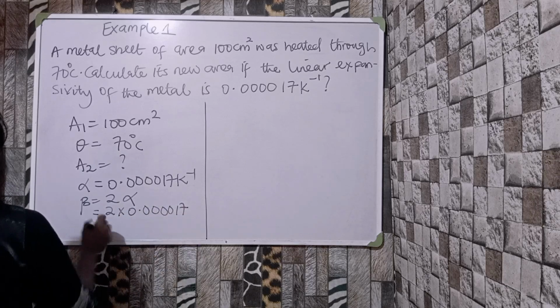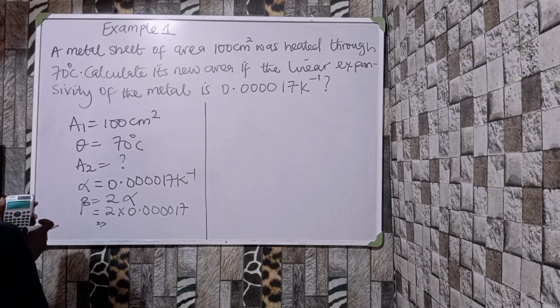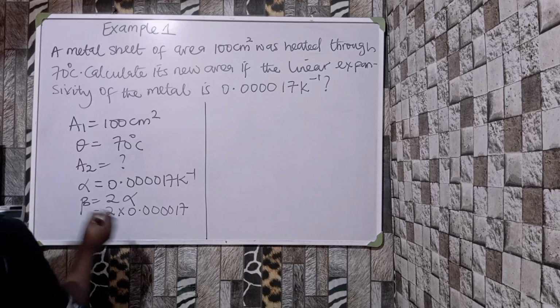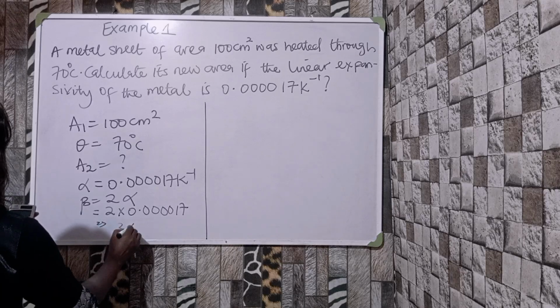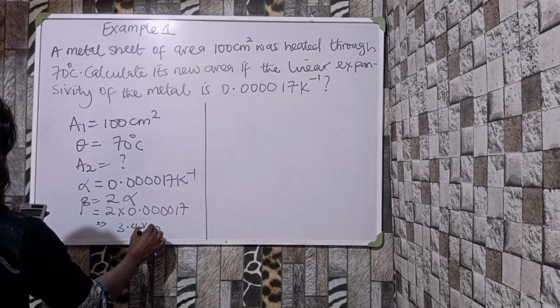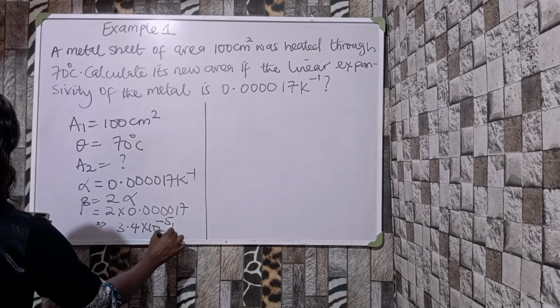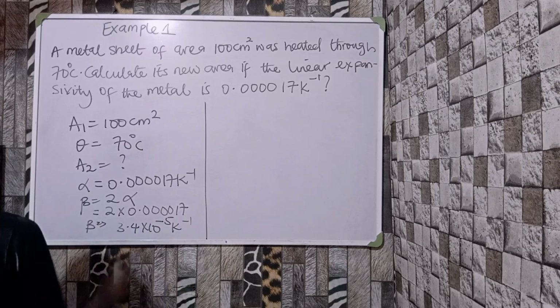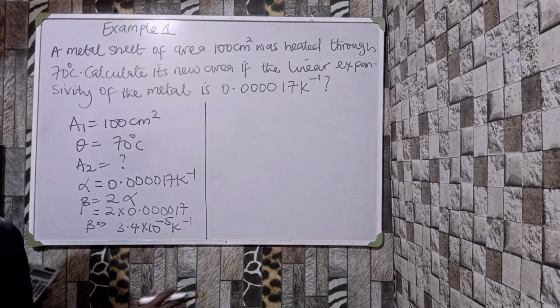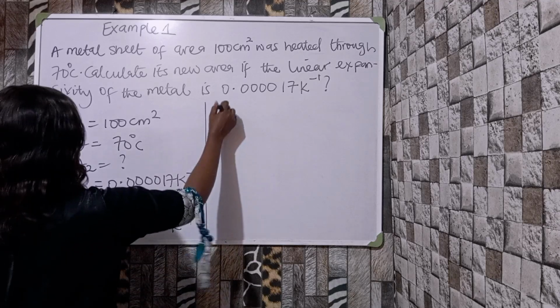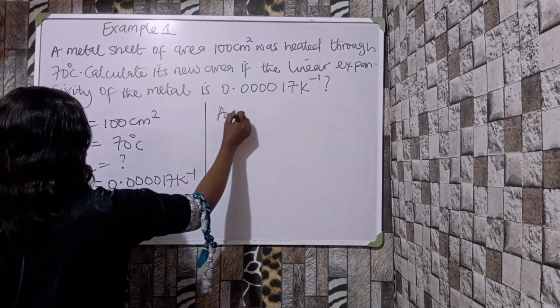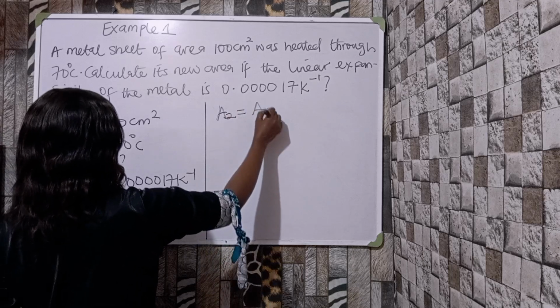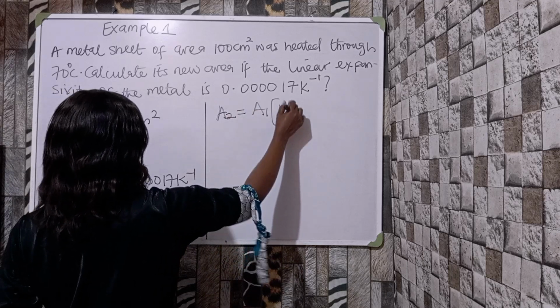With the help of our calculator, 2 times 0.000017 is equal to 3.4 times 10 raised to power minus 5 per Kelvin. This is my beta.